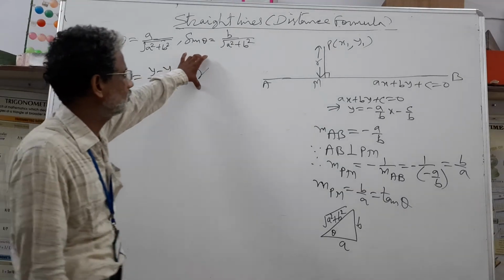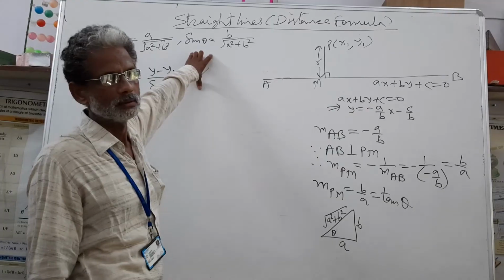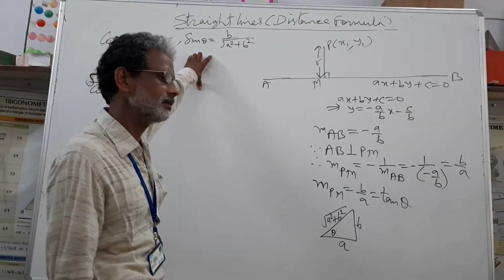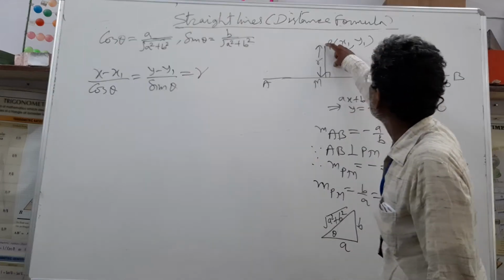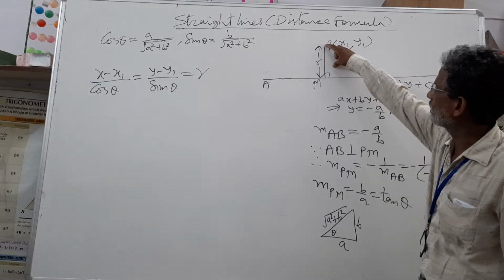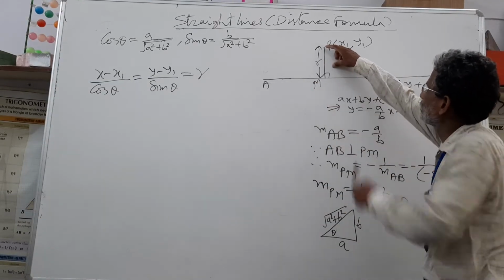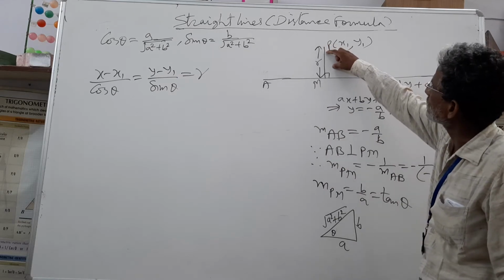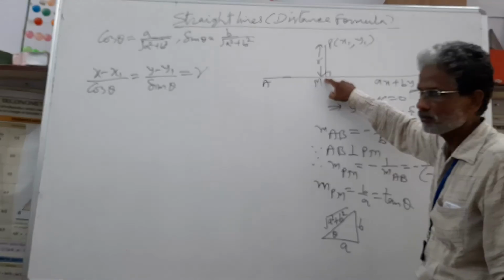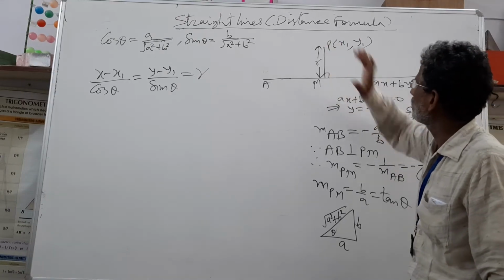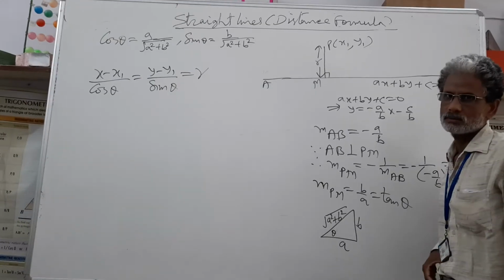This r can be positive, negative, 0, less than 1, greater than 1, anything. But when we start from P and travel in the direction perpendicular to AB, towards AB, then r increases. When r reaches M, the distance PM is obtained.